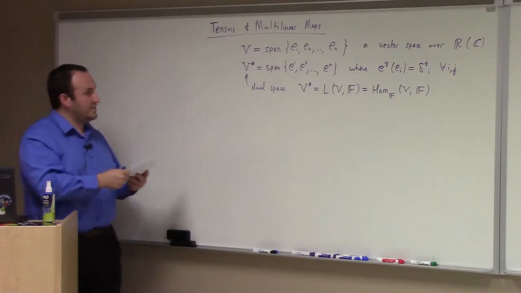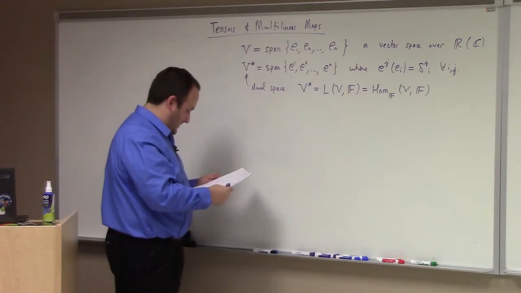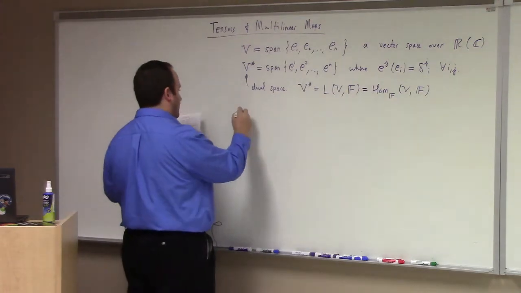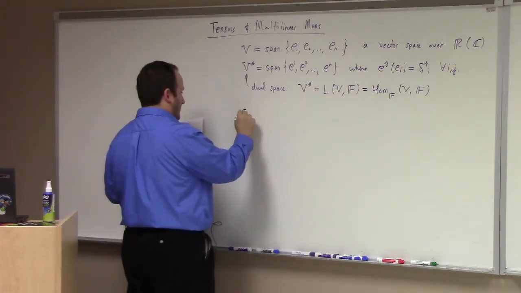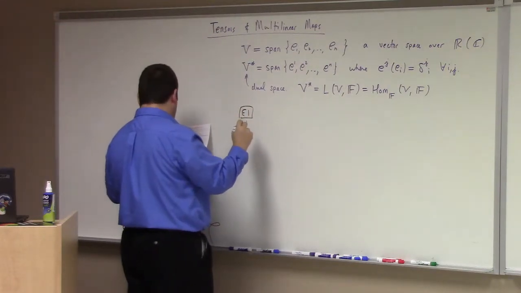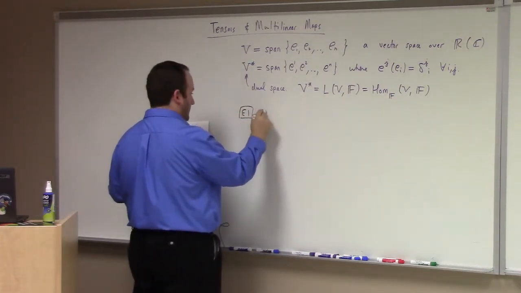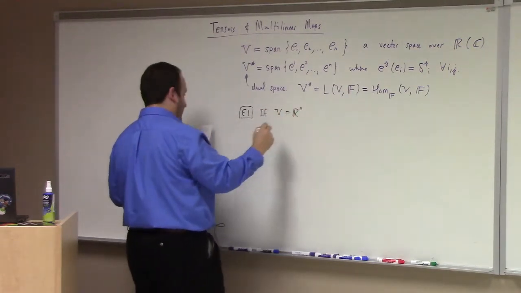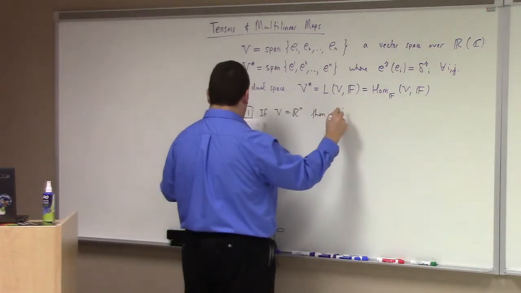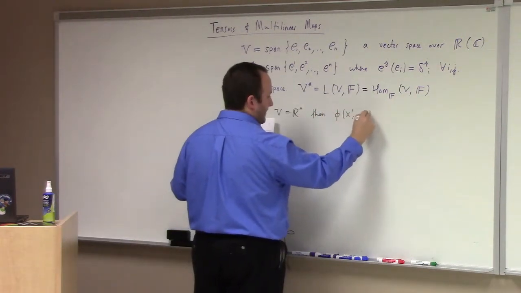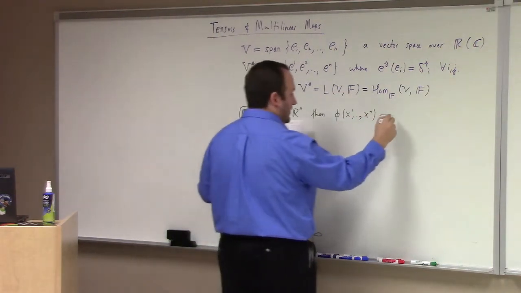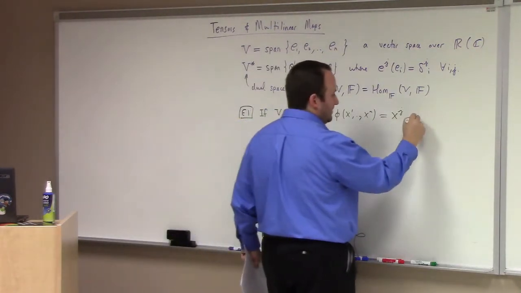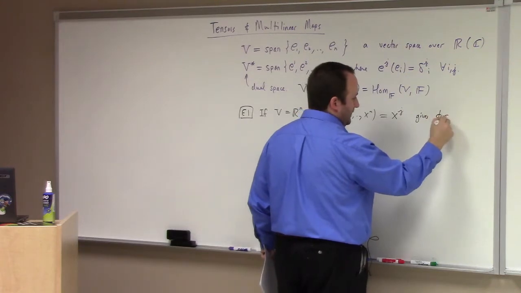Let me give you an example of a couple of these. For example, if V is equal to Rn, then if you look at phi of (x1, ..., xn) equal to x upper j, well, this defines phi, an element of V dual.